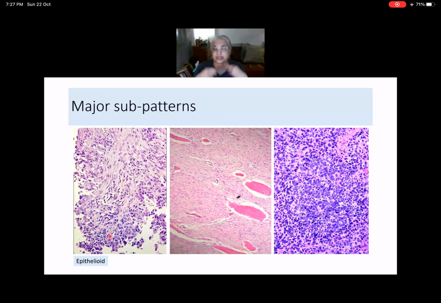That means tumors that are proliferating or scar tissue or anything that shows you spindle cells and stellate cells can show you a mesenchymal pattern.